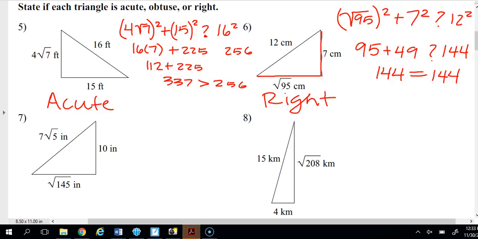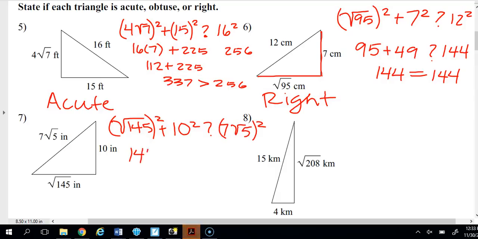The next problem on here, number 7, again, we're going to compare the two legs to the hypotenuse. So we're going to do the square root of 145 squared plus 10 squared. And we're going to compare that to 7 radical 5 squared. Here again, this is 145 because when you square a square root, you just get the number that was under there, plus 100.